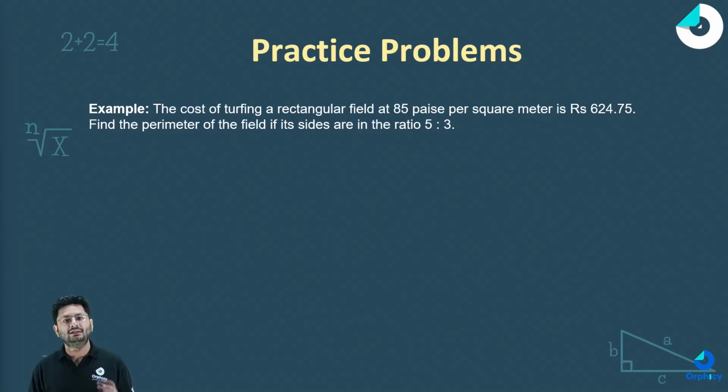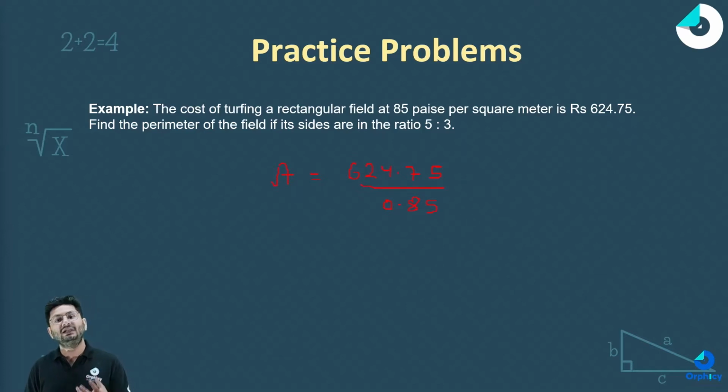It is saying that the cost of turfing a rectangular field at 85 paisa per square meter is 624.75. So if 85 paisa per square meter is being charged, then the total cost comes to 624.75. So how can I find the area? Area should be equal to 624.75 divided by 0.85, right?